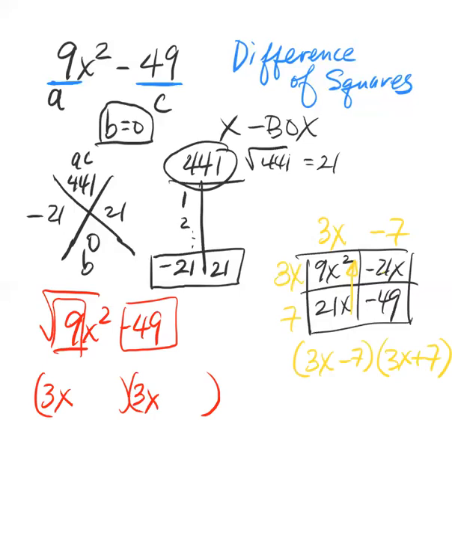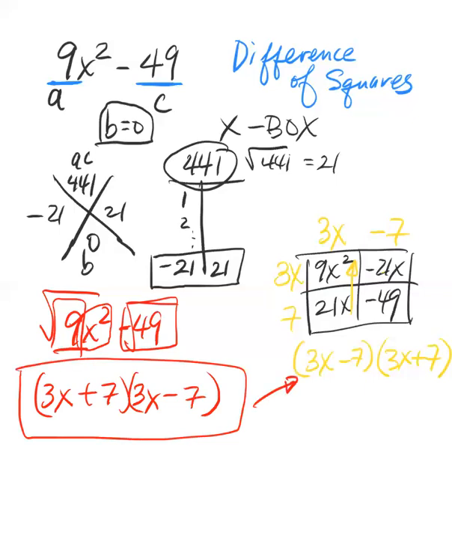And actually, x squared is also a perfect square. x times x gets me x squared. And to get a negative 49, I know that one sign has to be positive, the other sign has to be negative, and then the square root of 49 is 7. And we get the same answer as we got before.